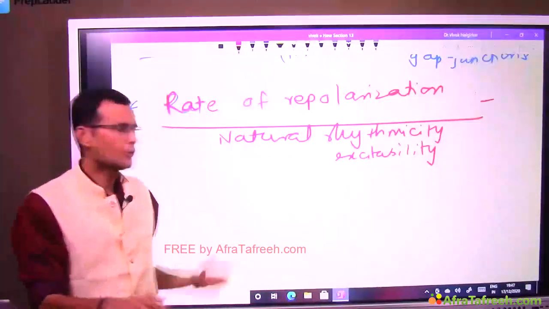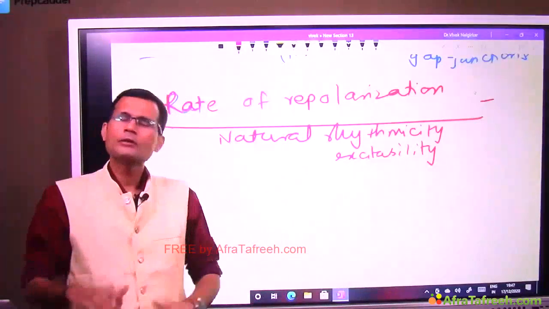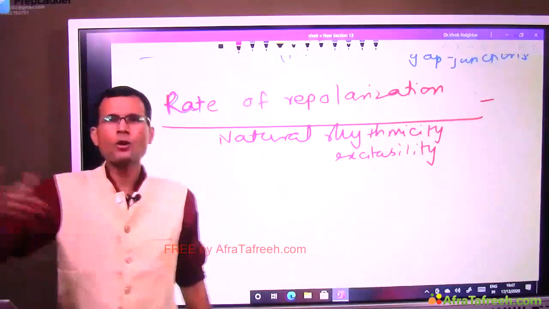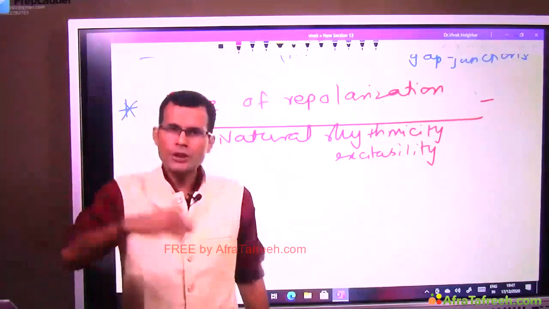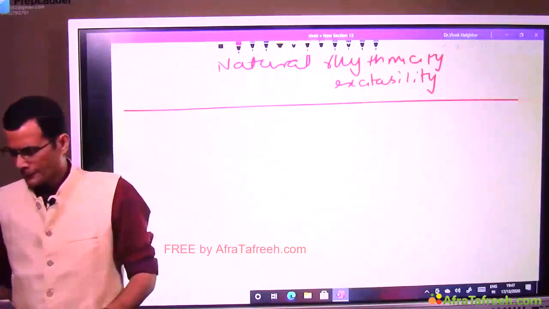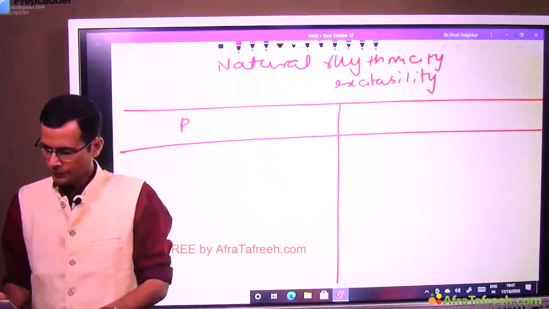As I mentioned just now, if a part recovers slowly, then it can be excited less number of times per minute. It is taking longer time for recovery from each excitation.